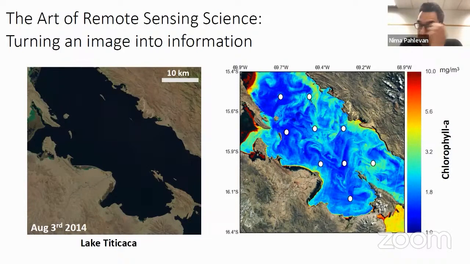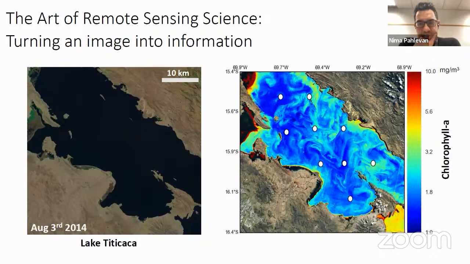So here's Lake Titicaca, August 3rd, 2014. Really, what we're tasked to do as remote sensing scientists is to convert a boring-looking satellite observation on the left, or image, to information, useful water quality data sets per pixel across the image.